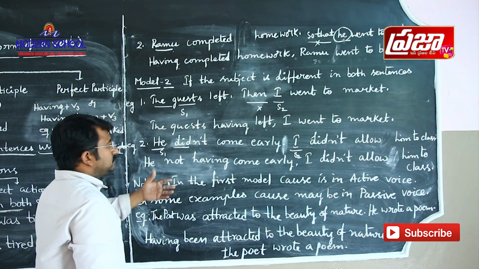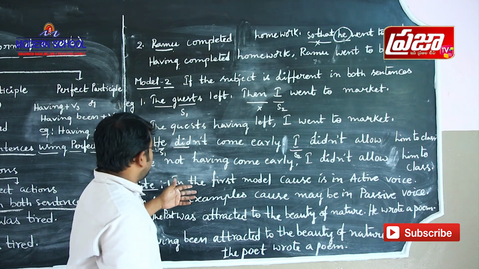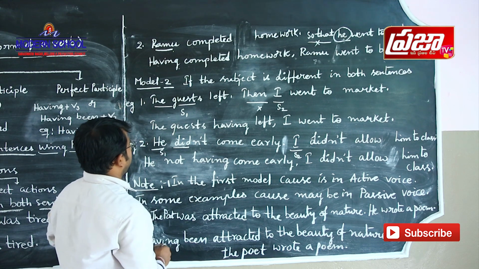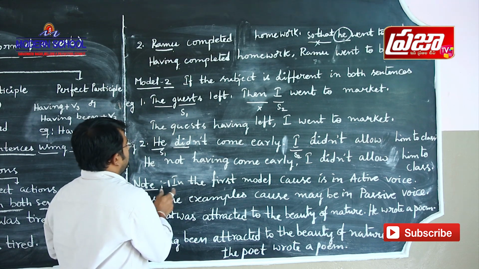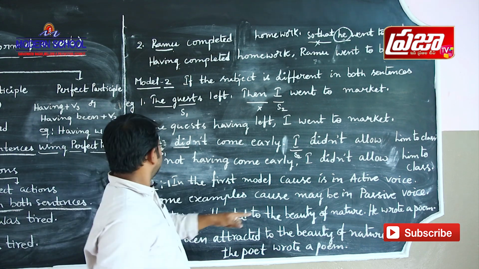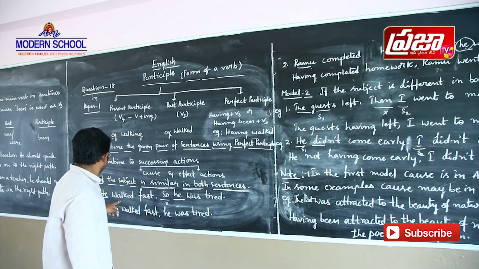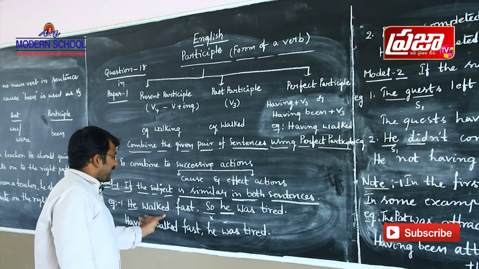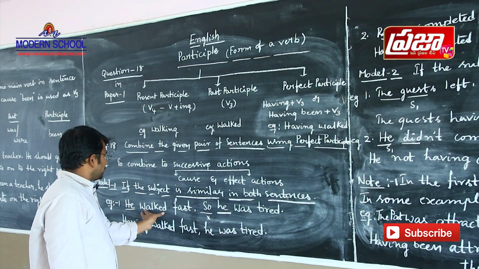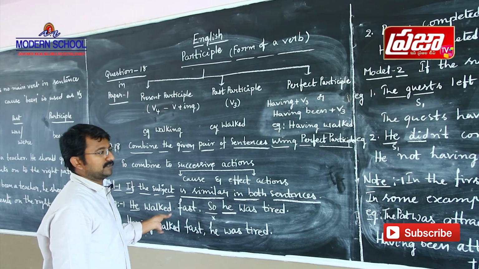Okay. And there is one more point to be remembered at the time we write this. See, in the first model, this clause is in active voice. Okay. Sometimes this clause will be in the passive voice also. Okay.